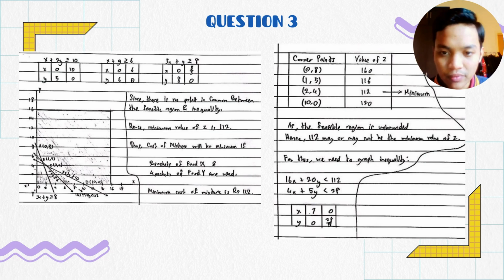As the feasible region is unbounded, hence 112 may or may not be the minimum value of z. For this, we need to graph the inequality 16x plus 20y less than 112, that is 4x plus 5y less than 28.